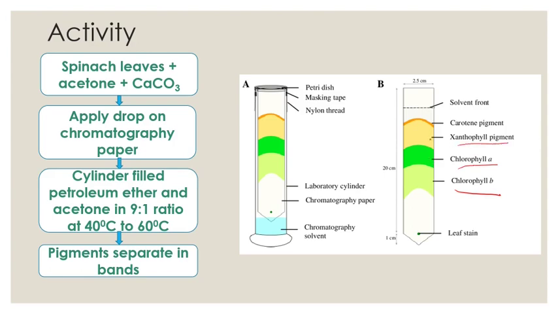The xanthophyll yellow pigment band is obtained above, and at the top the carotene pigment is obtained as the solvent medium is moving. So this is how we can separate the pigments present in spinach leaves using the paper chromatography technique. And as they are soluble in acetone or organic solvents, we are using acetone and a combination of petroleum ether.